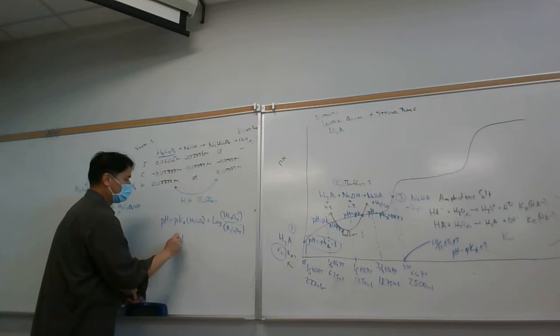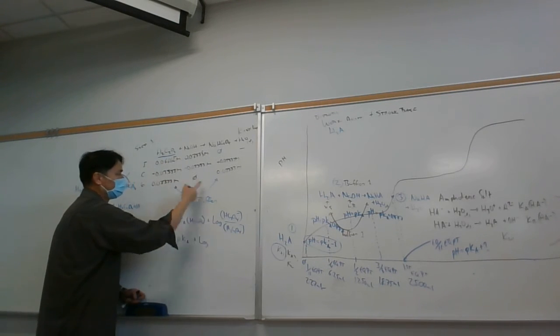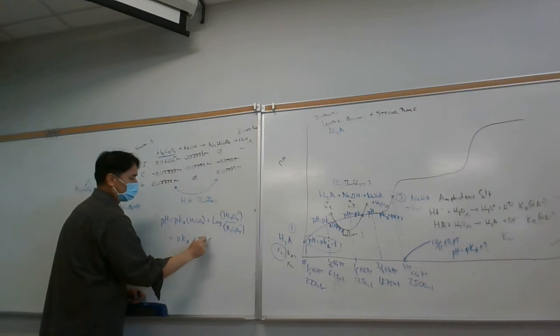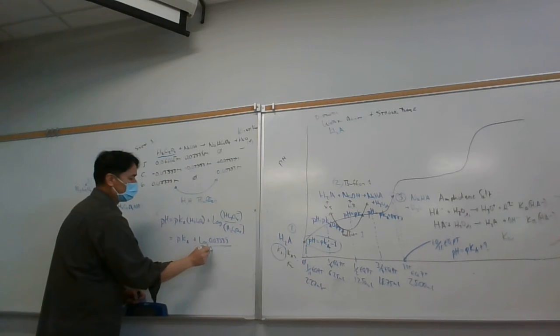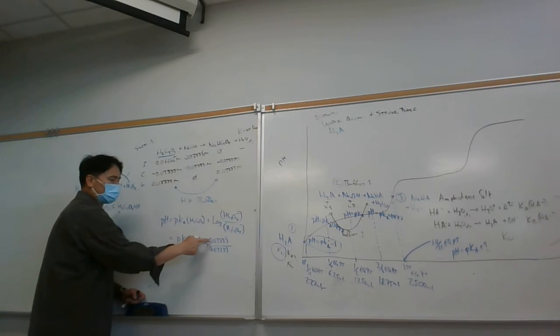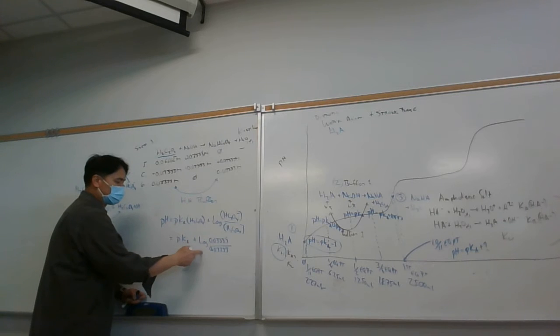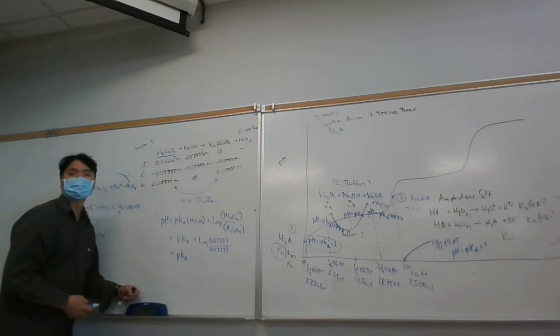This is equal to the pKa plus the log of 0.03333 divided by 0.03333, which is the log of 1. The log base 10 of 1 is 0, so the pH is just equal to the pKa at this point.